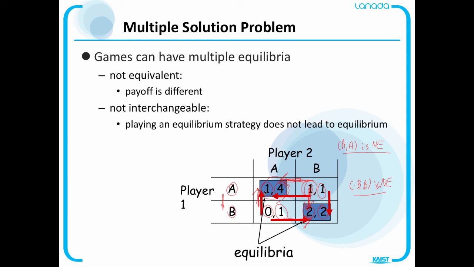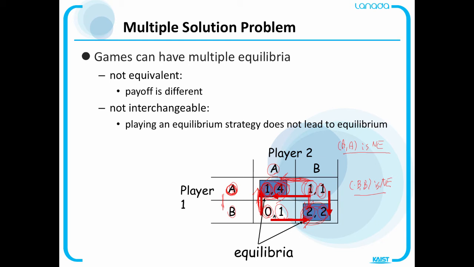Fix player 2's strategy, and I unilaterally change A and B, 1 and 0, and 1 is larger. Fix player 1's strategy, I unilaterally change A and B, and I need to compare 4 and 1. That's exactly the same argument as making the arrows. So this is a Nash equilibrium, and similarly, this is a Nash equilibrium. Obviously here in this case we have multiple Nash equilibria.